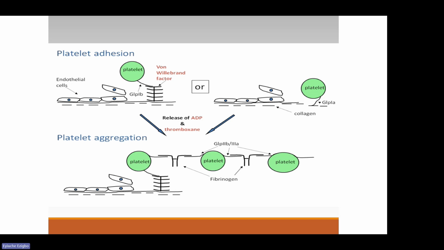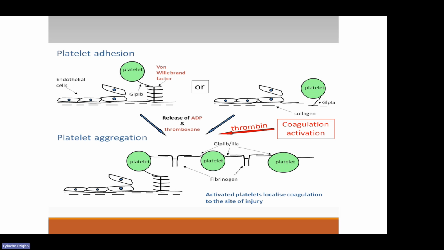This receptor binds each platelet to the others using fibrinogen. You can see the fibrinogen here as a linking molecule. So platelets, by expressing this second receptor, bind to each other using fibrinogen, forming platelet aggregation.